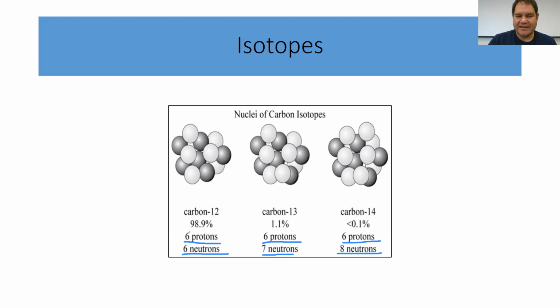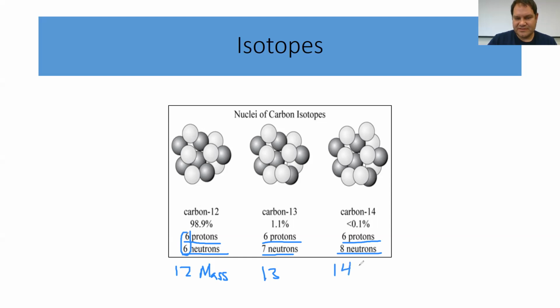Now, if we add up these proton and neutron numbers, you will get a mass number of 12 here. This is the mass number. And for this one, 6 and 7 is 13. And for this one, 8 and 6 is 14.